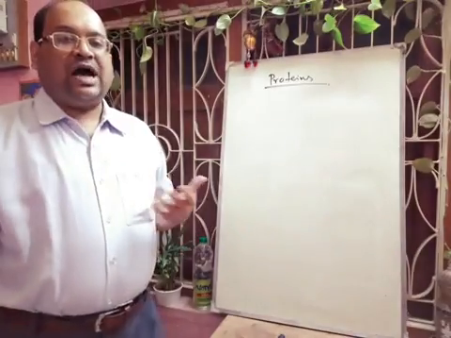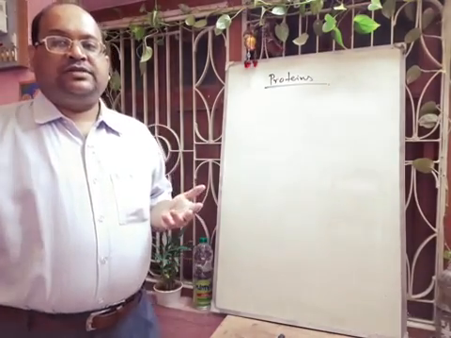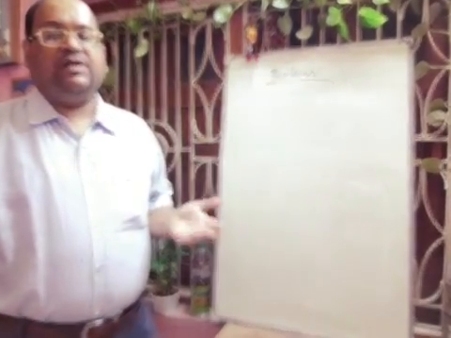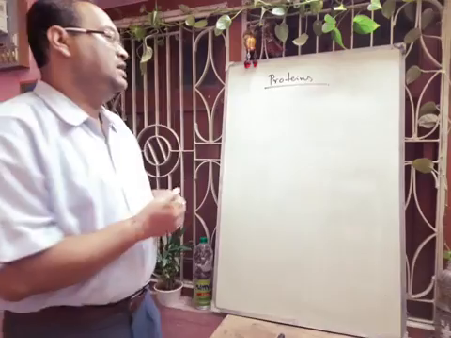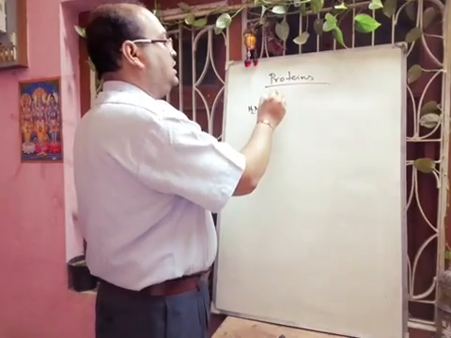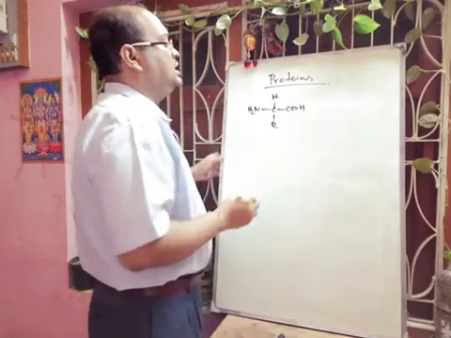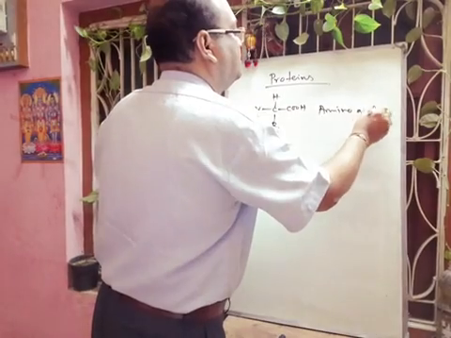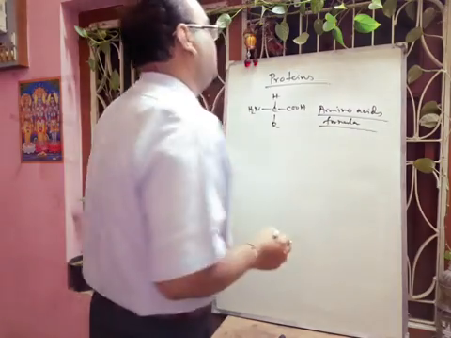Proteins are highly complex nitrogenous organic polymers with high molecular mass, obtained by the condensation of alpha amino acids. Now the amino acid's general formula is NH2CHRCOOH.